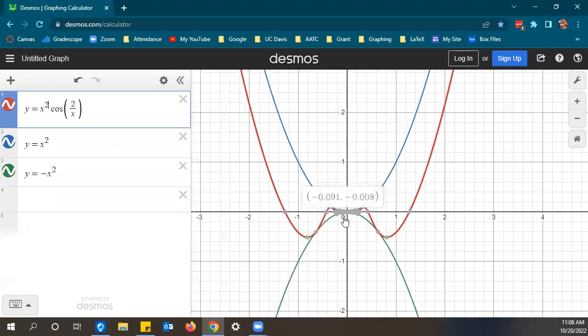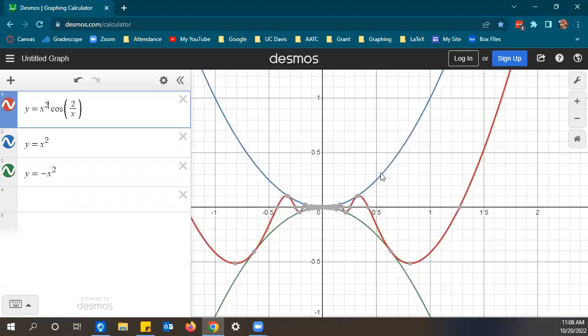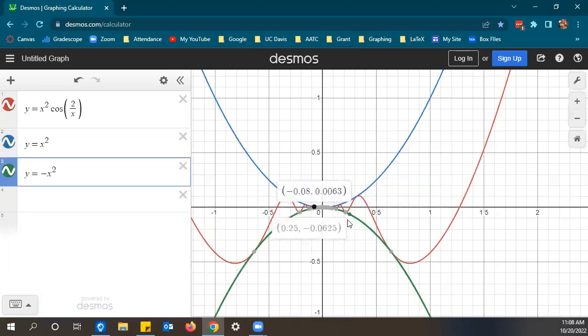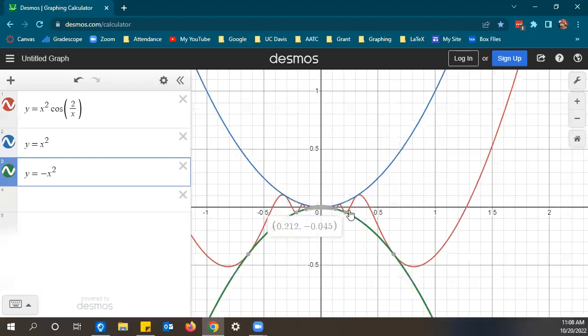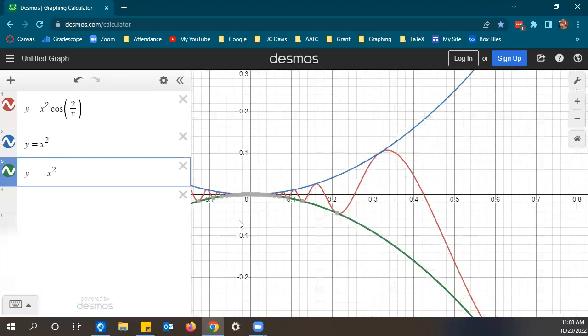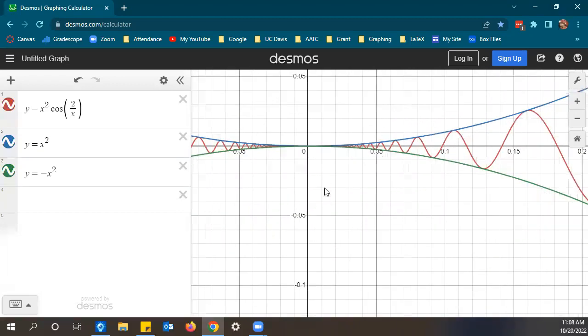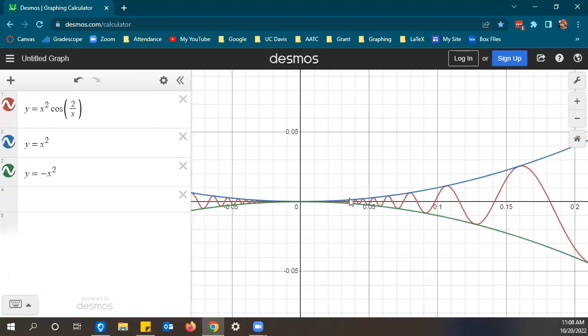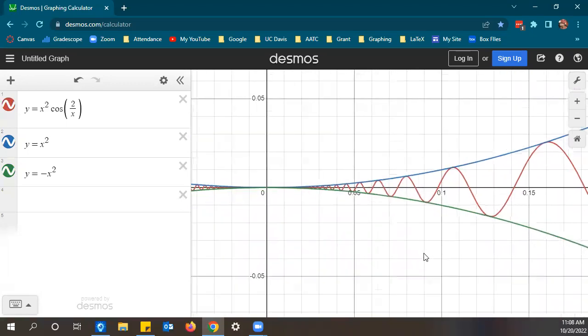And so as you get closer and closer to 0, since that top function x squared is getting closer and closer to y values that are 0, and the bottom function negative x squared is also closing in on 0, then the function that's squeezed between them has no choice but to bounce back and forth between ever smaller numbers, getting closer and closer to 0. Super, I love it. This is a cool graph. It's super neat to see that happen.